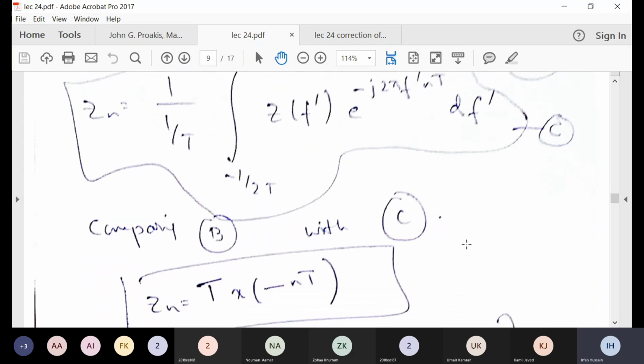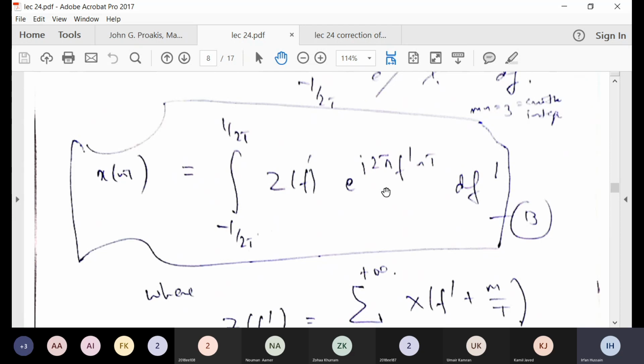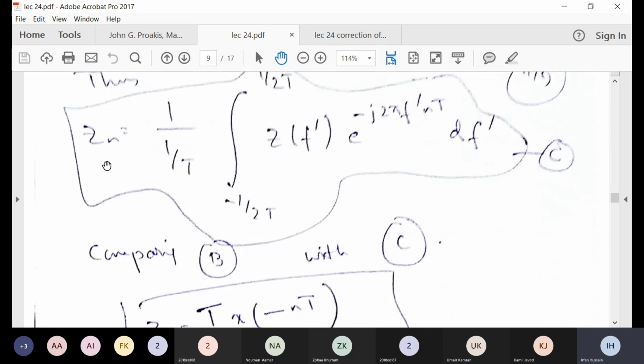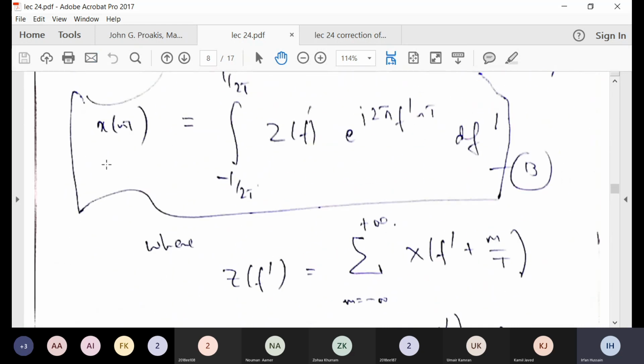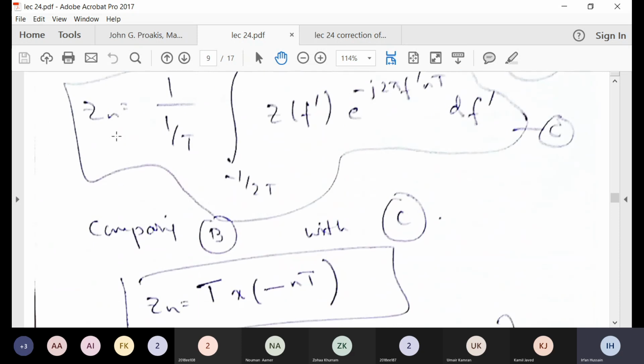Now if you compare this equation with that equation, which was this, you can very well see that Z_n is equal to x(nT), but because there is a negative sign there, it will be x(minus nT), and this T also here.